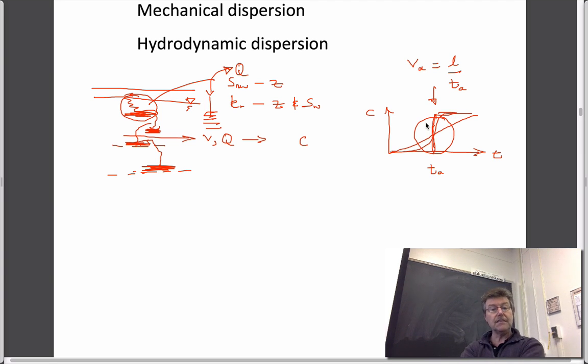But that's not necessarily really the case. And so we'd like to know what's the arrival time. We'd like to know what this ramp up in the concentration looks like. Is it sudden or is it more gradual?